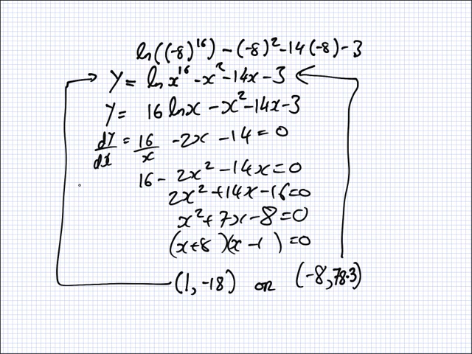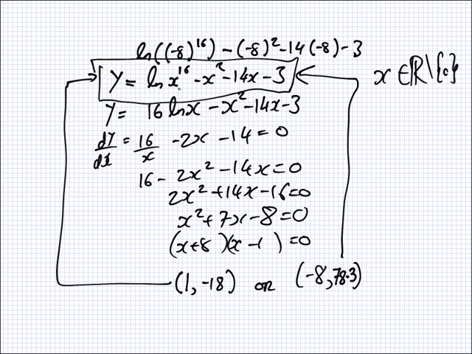Well, we're not allowed to use it because this is only defined for all x except for 0. Remember you said earlier, oh, we can't use negative, but that's okay because it's an even power. But we can't use 0. And the power 16 does nothing about the 0. It keeps it as 0.